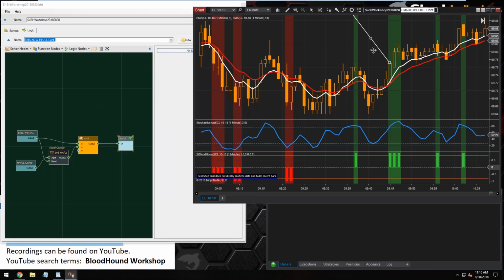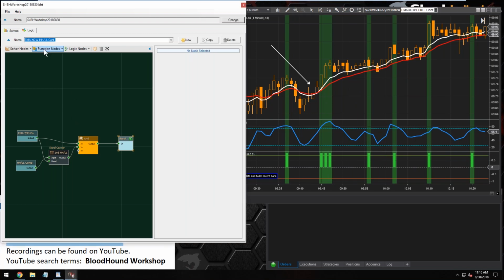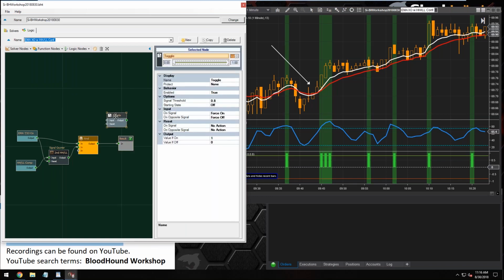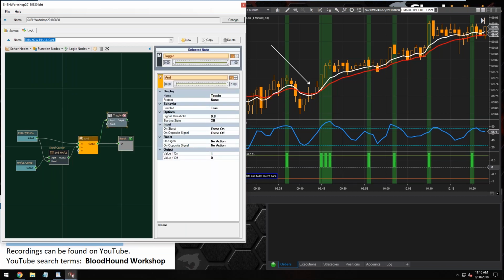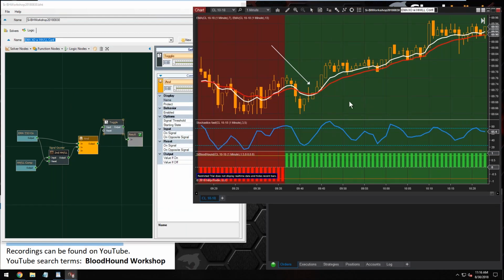Instead of just seeing a couple of long signals here and there and a couple of short signals here and there, we want to hold on to the direction of these. So we want to turn these signals into a trend direction. To do that, we're going to add a toggle node.